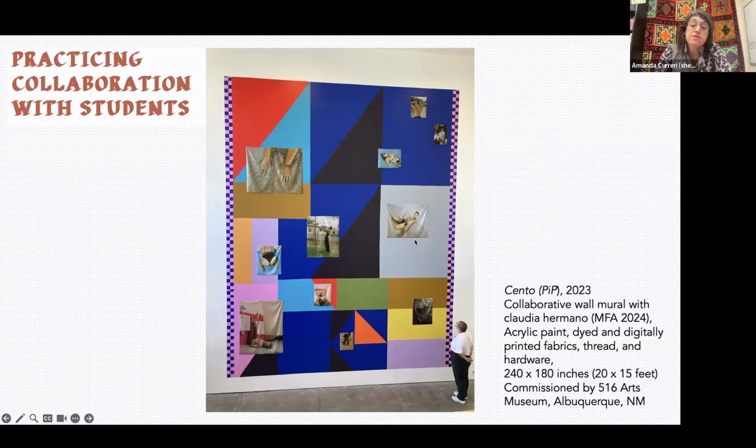And so the photographs are Claudia's images of their queer and trans community here in Albuquerque, and the painting design is mine, just like a quilt that could hold our questions about queer community. And it's 20 by 15 feet, so it's nice and big.